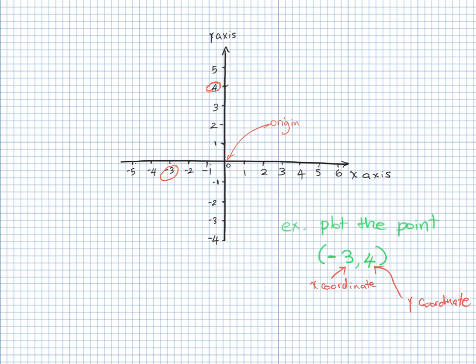To plot the point, you have to see where these two things meet. You can just visualize going up from -3 on the x and going across from 4 on the y. And they meet here at this point. Therefore, that point is (-3, 4). Right here. So you can plot a point exactly based on knowing the coordinates.